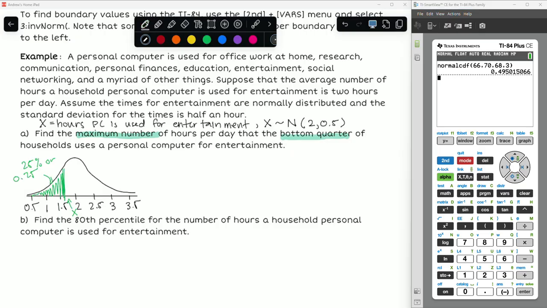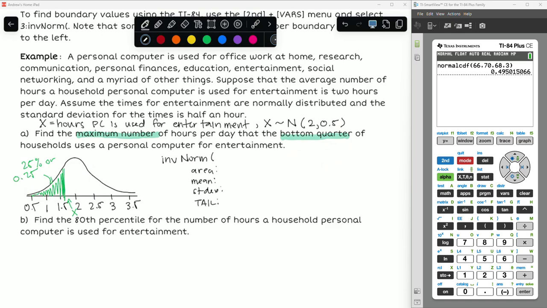So I know if I'm looking for a boundary value, I'm going to call inverse norm. And I know inverse norm is going to ask me for an area, for a mean, for a standard deviation, and for a tail, which tail is the area in.